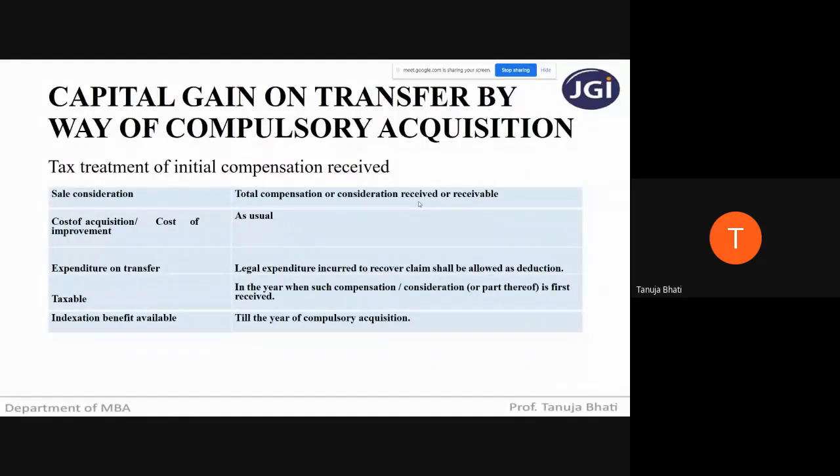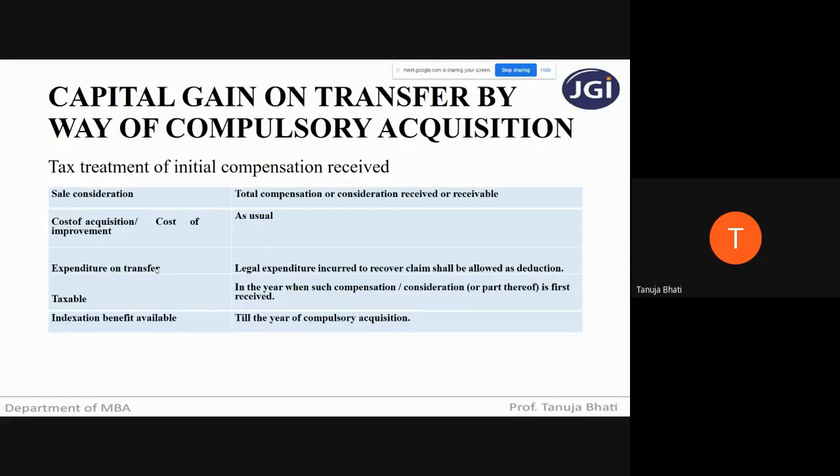receivable. Suppose your house property has been acquired by the government for enlargement of the roads, and the government has promised you to pay a compensation of, suppose, 50 lakhs. So 50 lakhs will become your sales consideration. Cost of acquisition and cost of improvement will be as usual, normally what we follow.